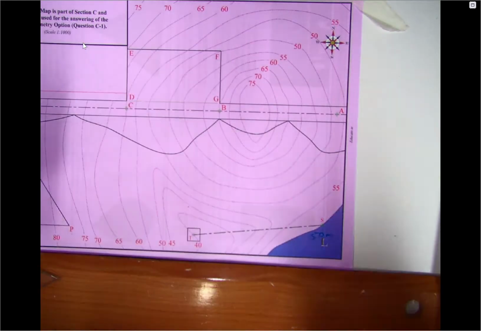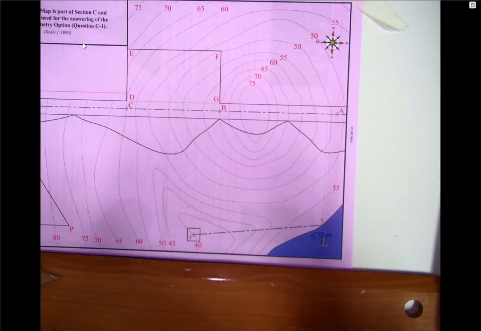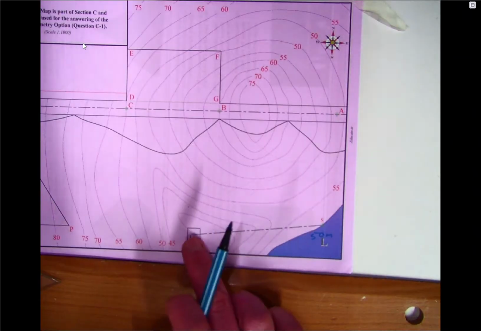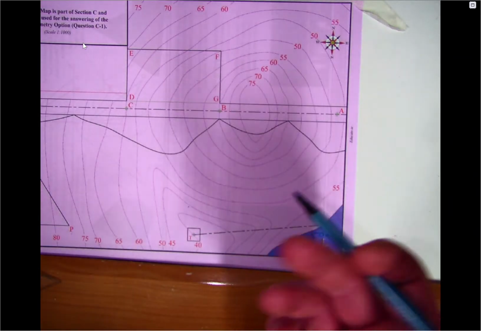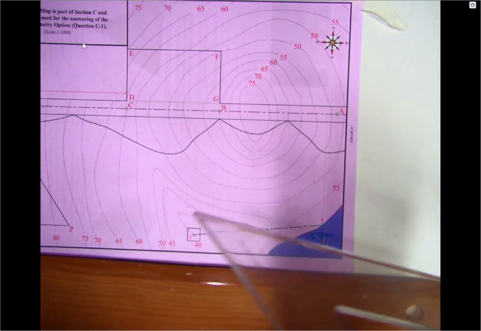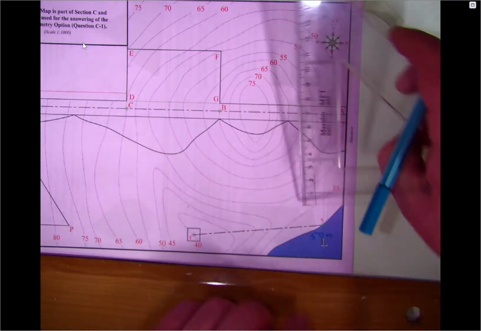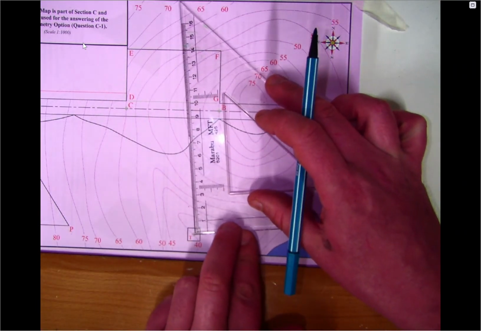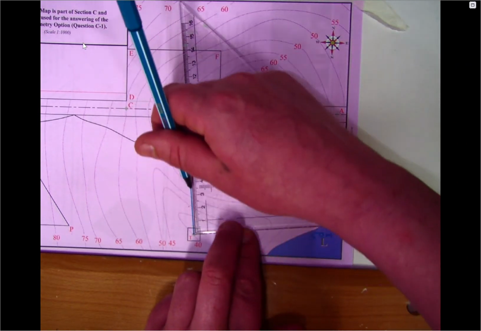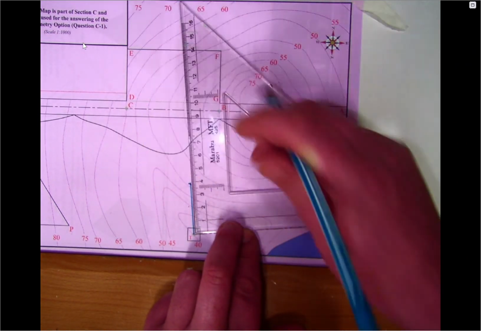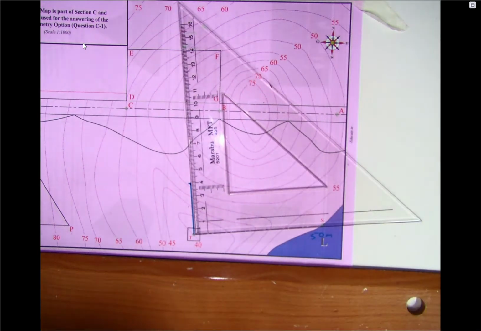Now, the first thing that we should know, I thought it might have said something about a profile, because usually if we see these lines here, they talk about a profile. And if it was me, I would have drawn a profile here because I think it's easier for us to understand what's going on. So this point here is 40. So I would have measured up 40 and drawn that. Now, this bit here is the bit that worries me.